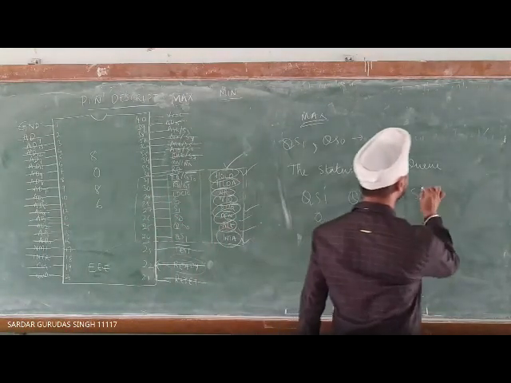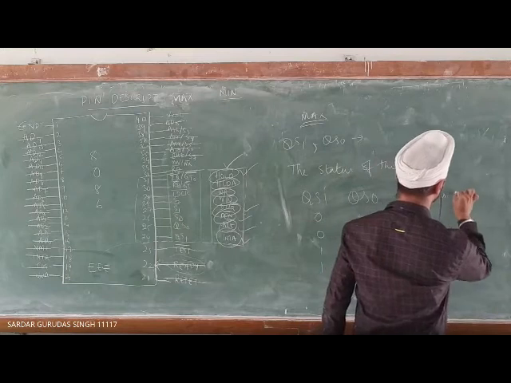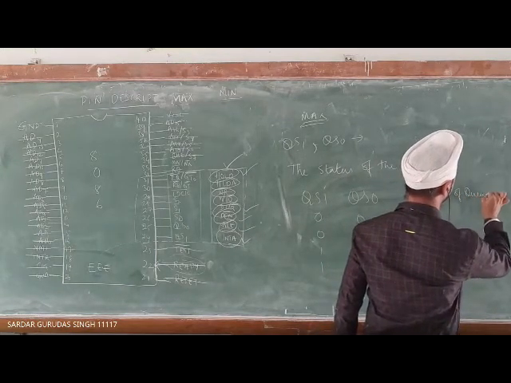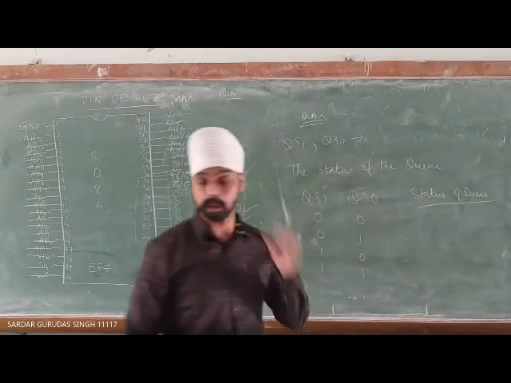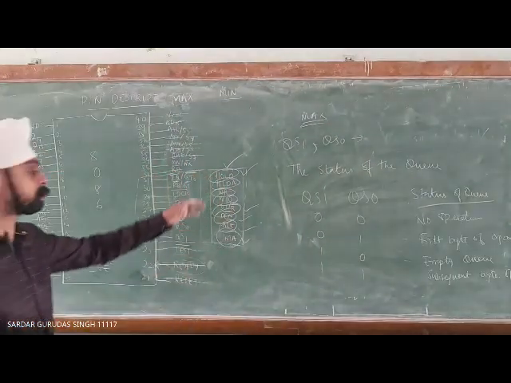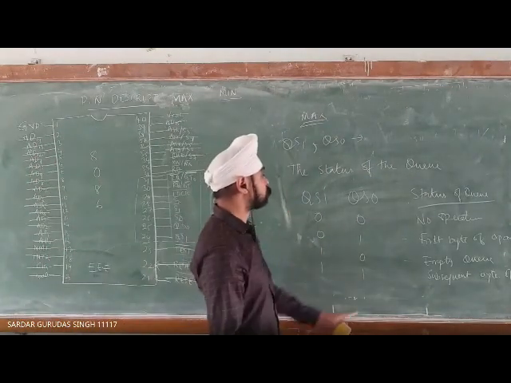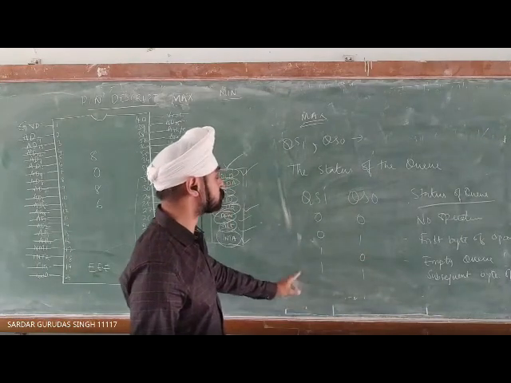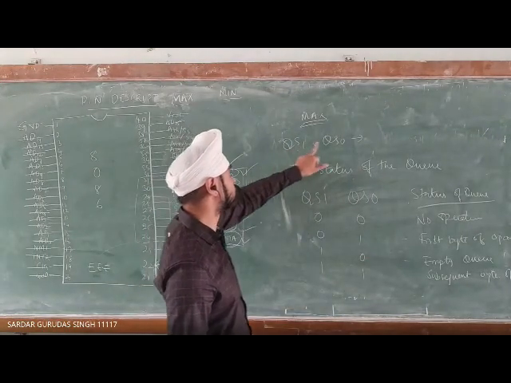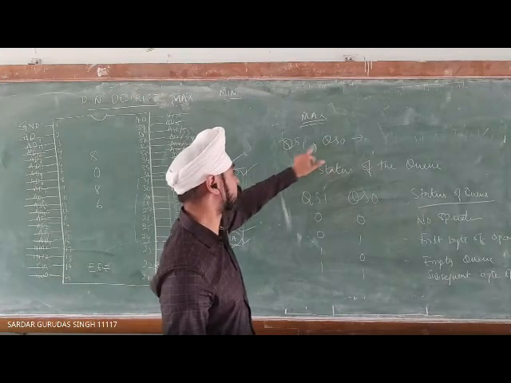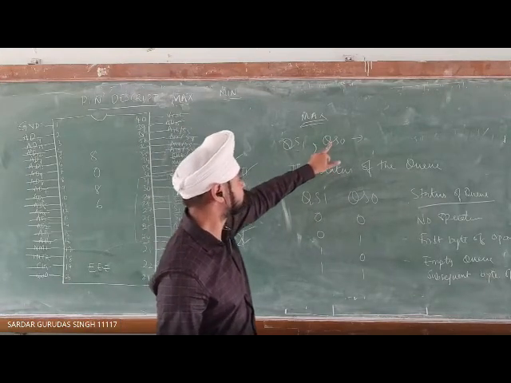What is the operation that has been done on the queue? That particular status is given by these two lines or two pins, QS1 and QS0.